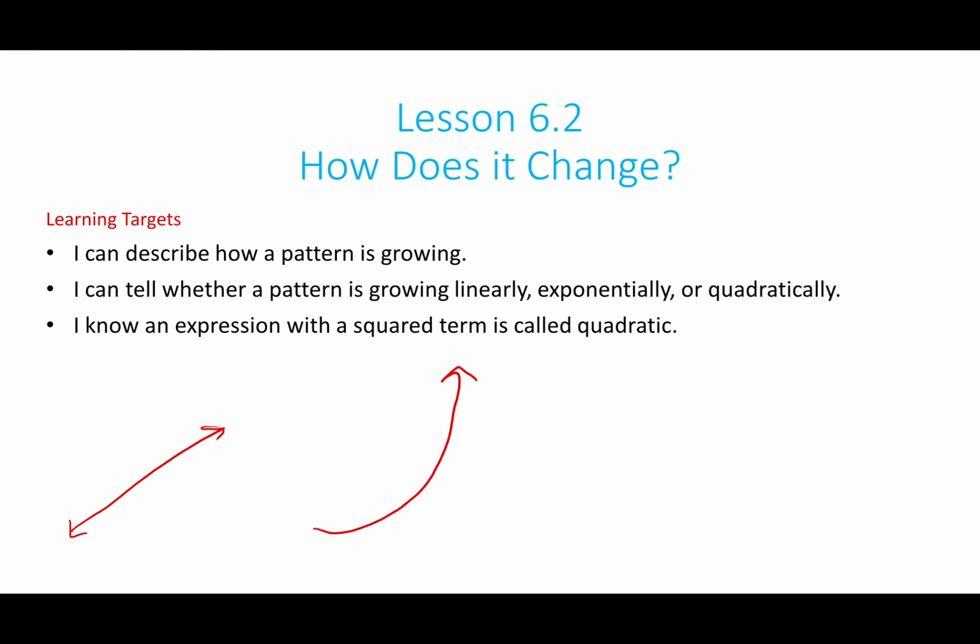Exponentially, is it multiplying by the same amount over equal intervals? Or quadratic, where we haven't exactly explored how to describe precisely what the rule is, but we know that something's going on with a squared, with an exponent of 2. So an expression with a squared term is called quadratic.